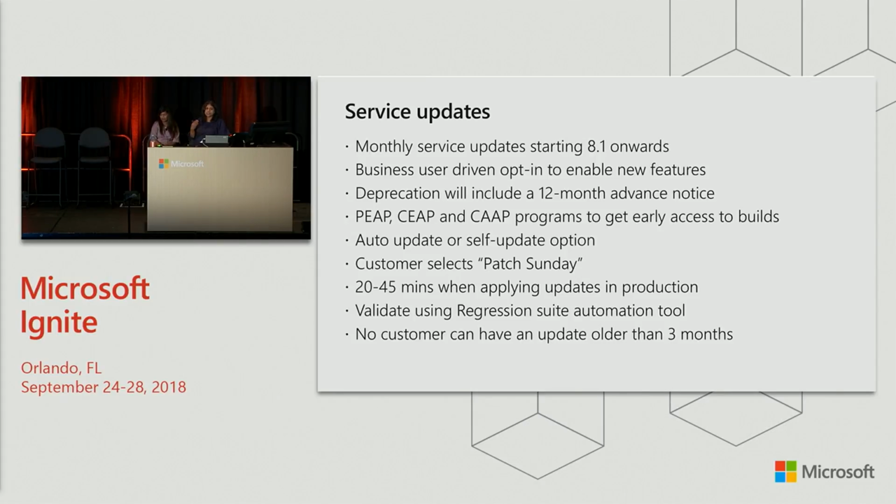So this is something where we will make them opt-in, and business users will be able to essentially enable the new features. Any kind of deprecation that we do will include a 12-month advance notice. So we will announce the deprecation, and only 12 months later you will see that API or anything like that go away. So we will be very systematic about these kind of updates in general.